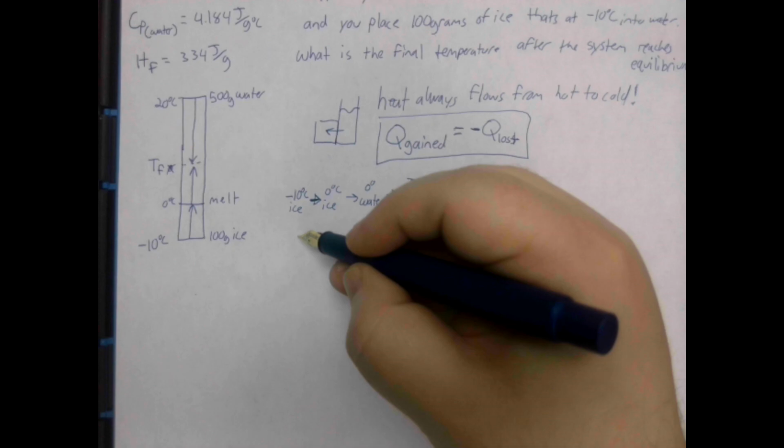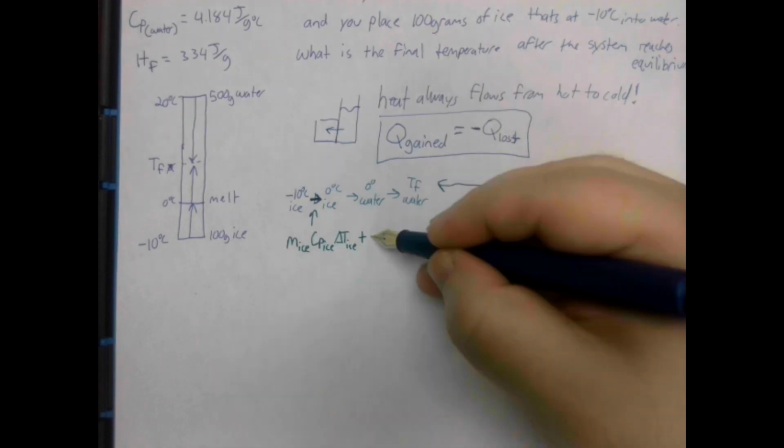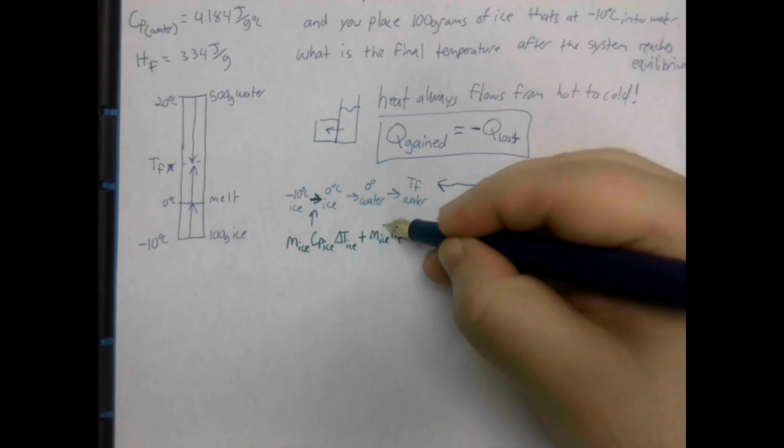This arrow right here represents that. Then we're going to add the heat of fusion, so mass of the ice times heat of fusion. This corresponds to this arrow.